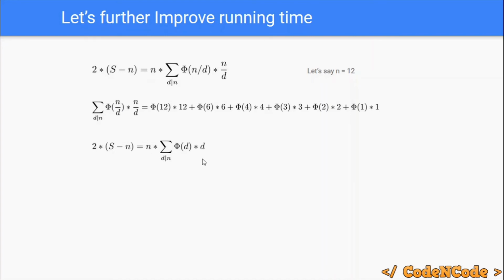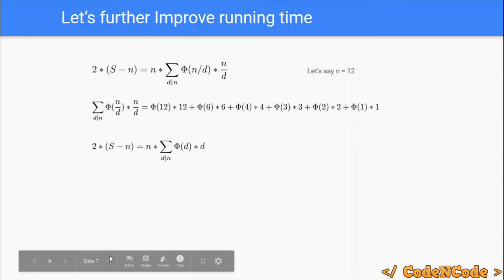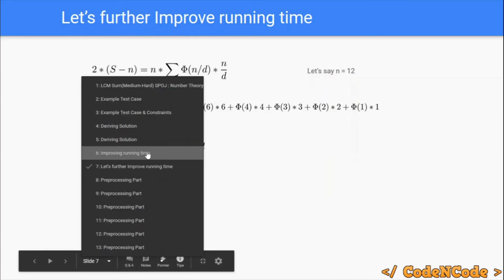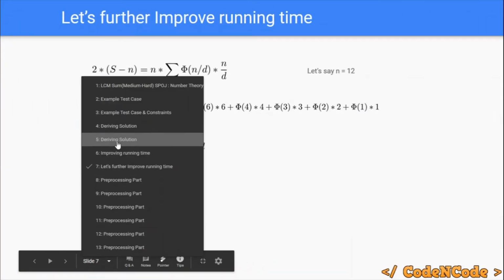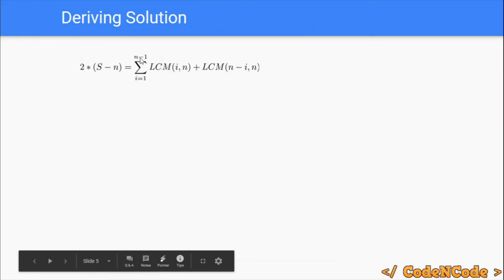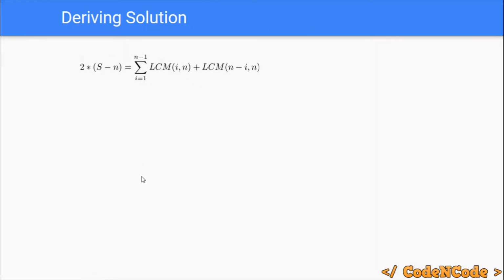So the right hand side expression now becomes this. And remember, after evaluating this expression, we need to remove something, because if you remember from the previous slides, we have to evaluate this expression only till n-1. We don't have to evaluate it on n.